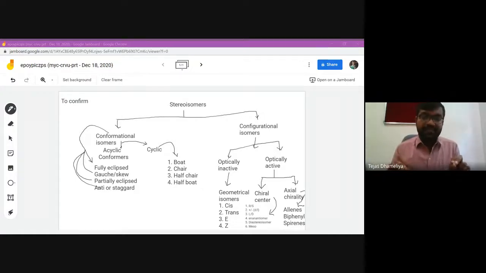And believe me, you will never find this classification in any reference book.